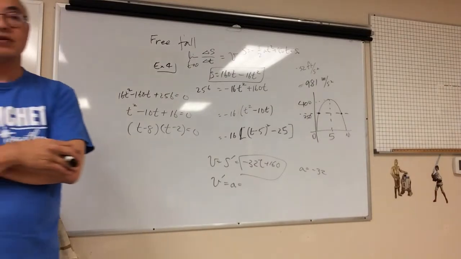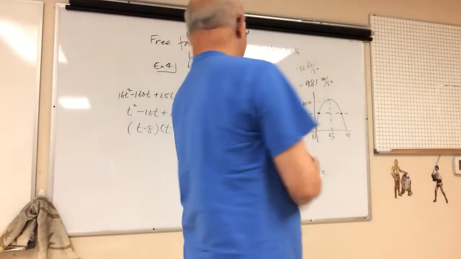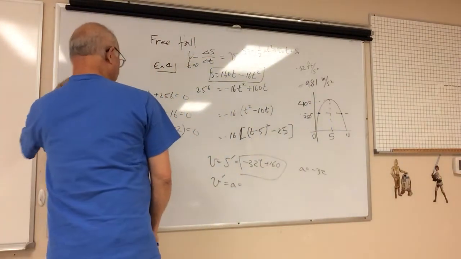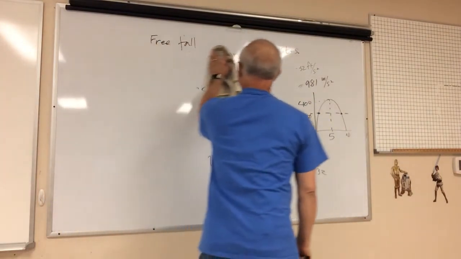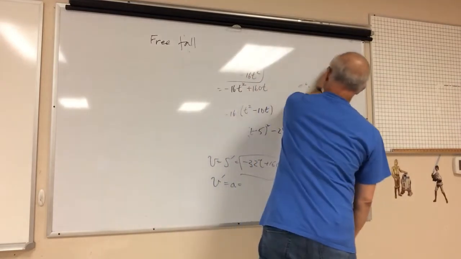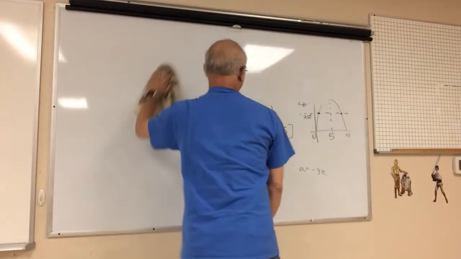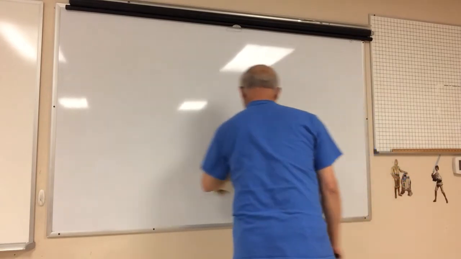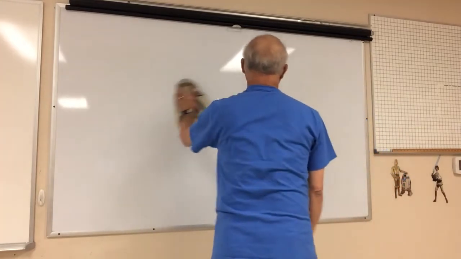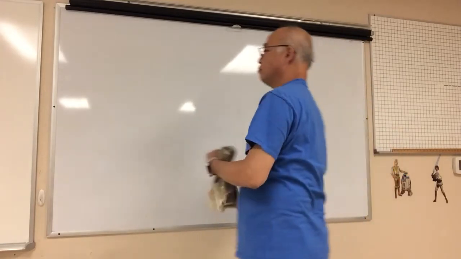Cost is C of X, and revenue is R of X. Okay. And the maximum profit is realized when C prime is equal to R prime. So where the marginal cost equals the marginal revenue is going to be your maximum profit.